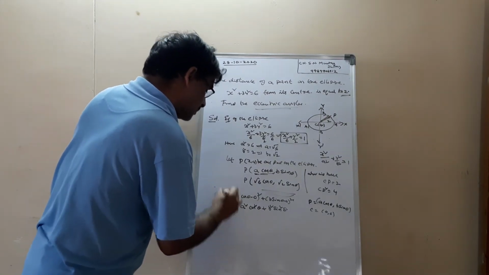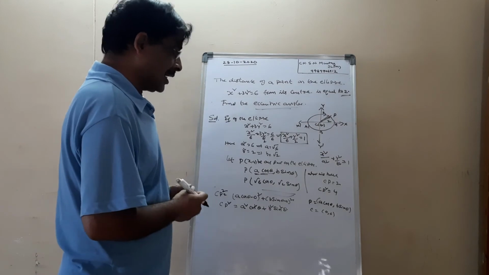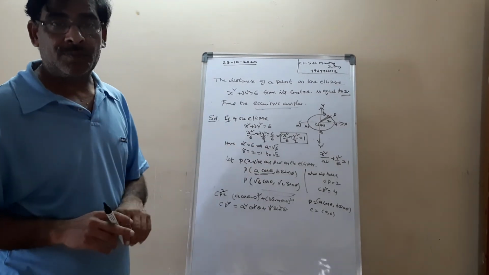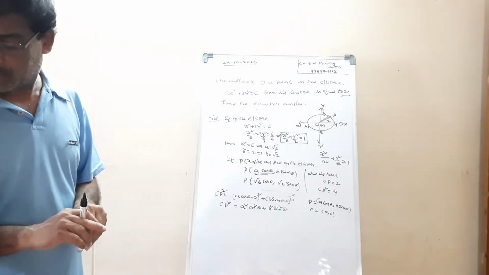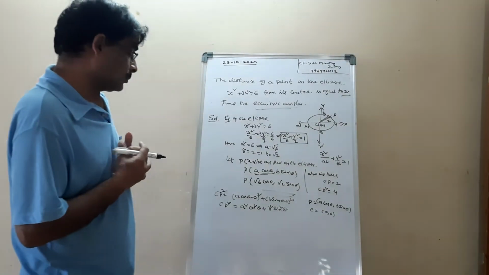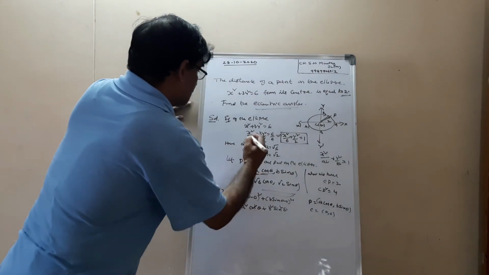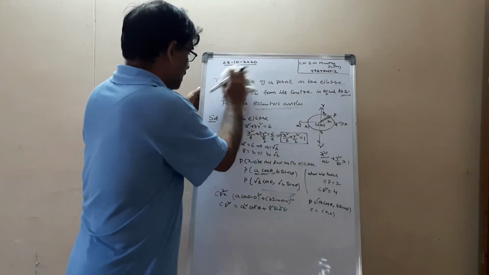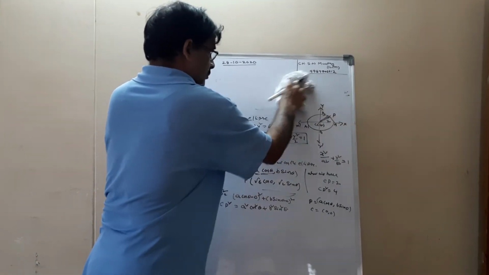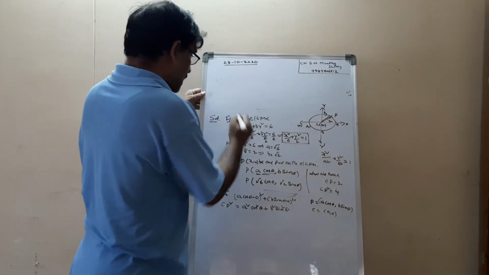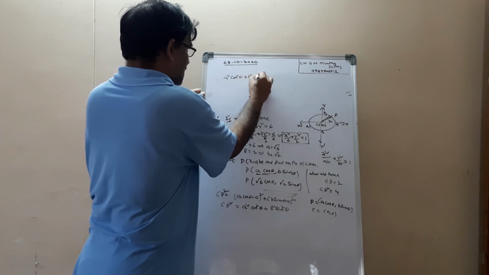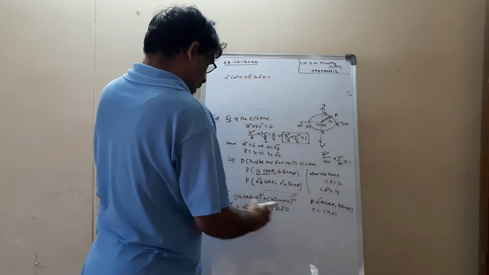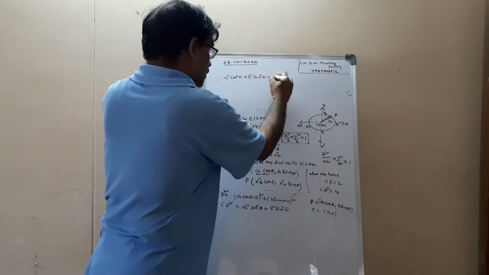Now, we also have the CP value. What is CP? CP equals 2. So a square cos square theta plus b square sin square theta equals CP square, that is equal to 4.